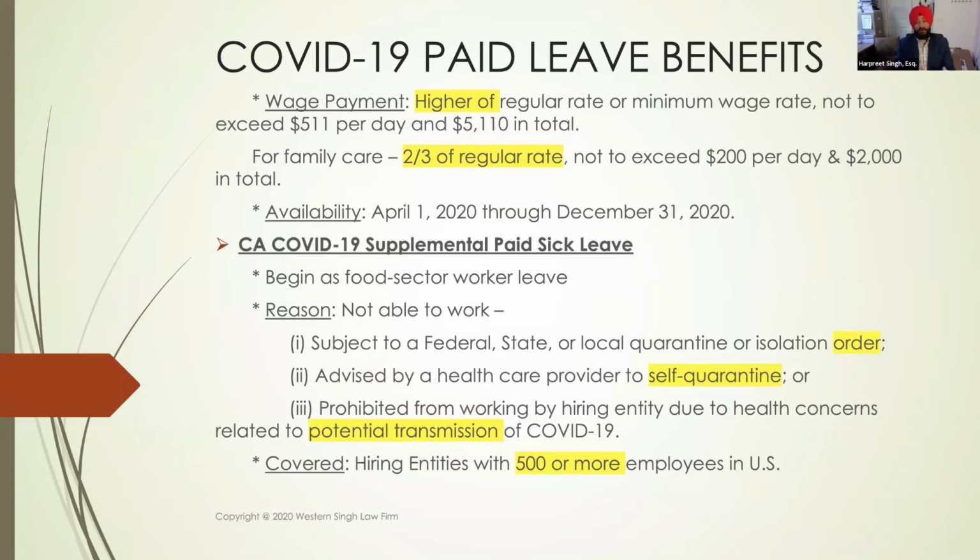It's almost there, but I think you should expect it will be extended, because we are also dealing with elections and probably a new administration. Still, at present, the last date for this benefit is December 31st, 2020.